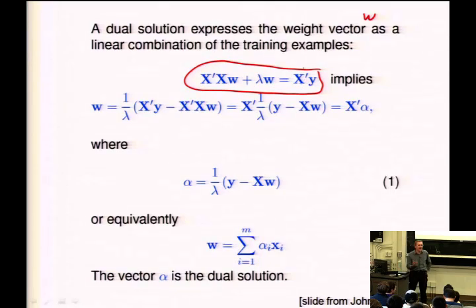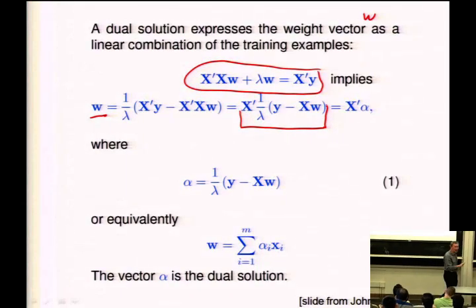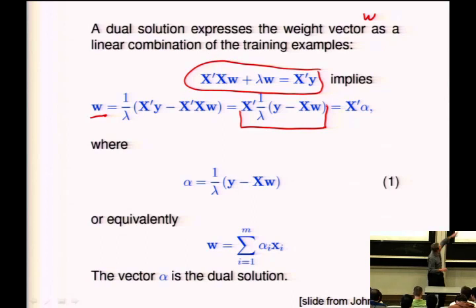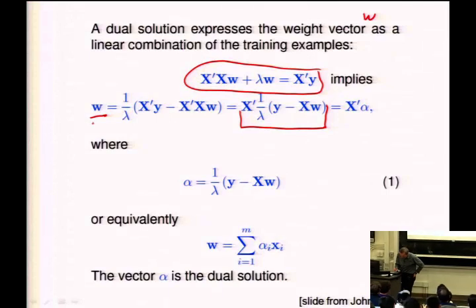It's just a rewrite of the solution that we put for our primal form optimization. But if we manipulate terms in here, we can notice that W can also be expressed this way. The optimal value for W, the W that minimizes our objective function, satisfies that top expression. And so the optimal W also is equal to this.